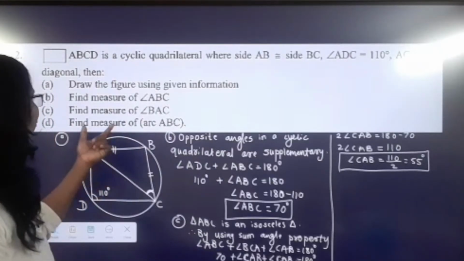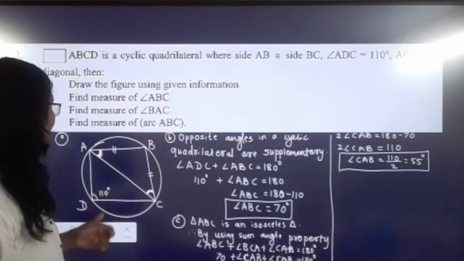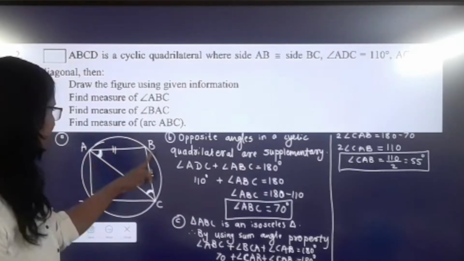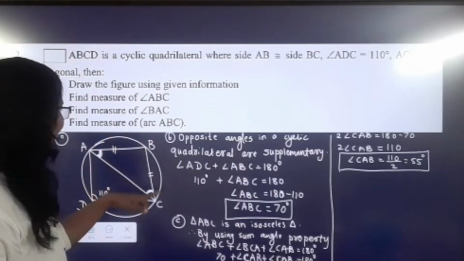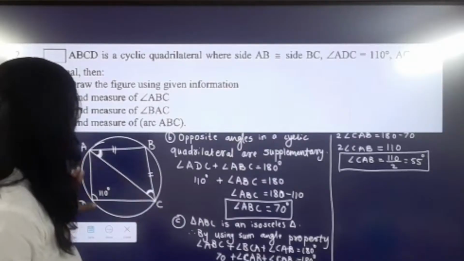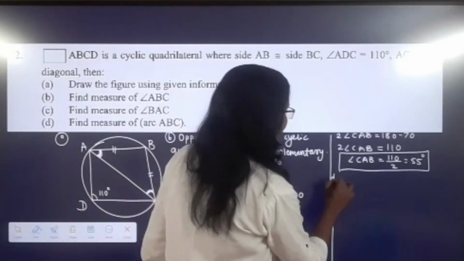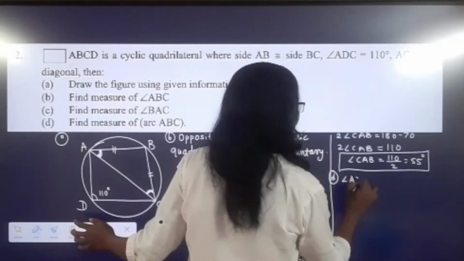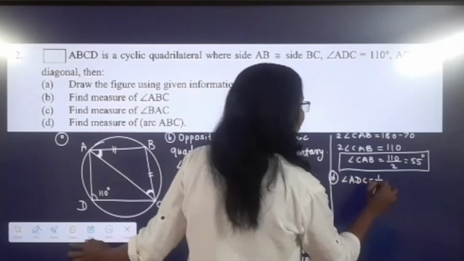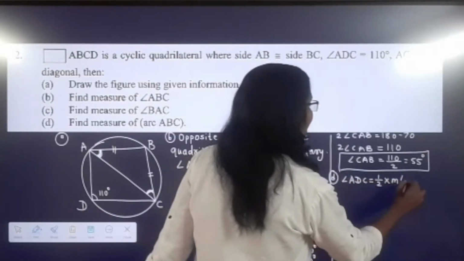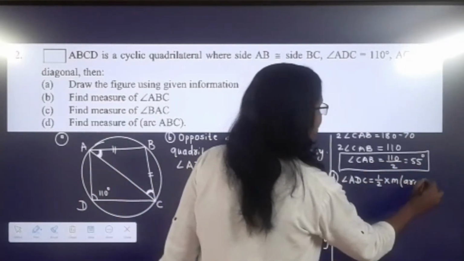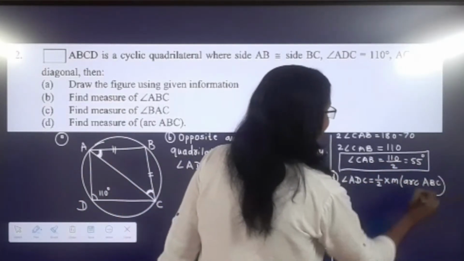Now the D part, find measure of arc ABC. Arc ABC, students. Okay. So that means here, students, in the D part, angle ADC is equal to 1 upon 2 major arc ABC. Okay, students, that is the inscribed angle theorem.